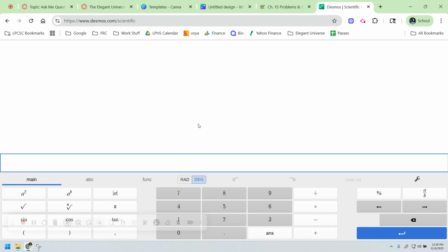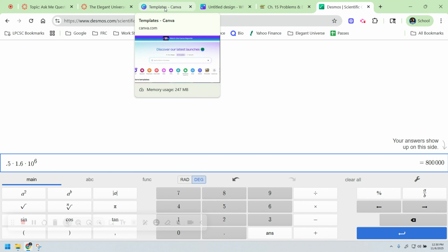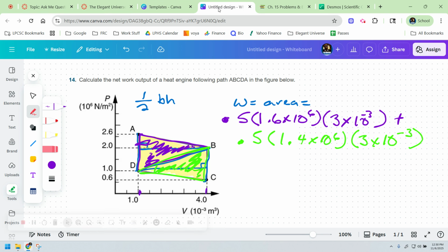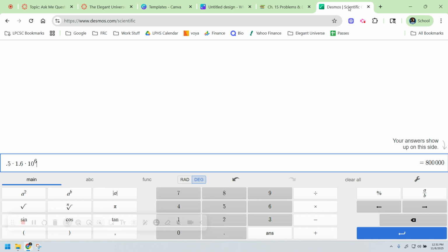So I'm going to say 0.5 times 1.6 times 10 raised to the 6th, times 3 times 10 to the negative 3, and we'll hit a plus symbol.